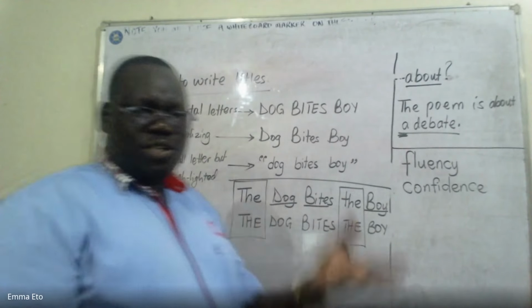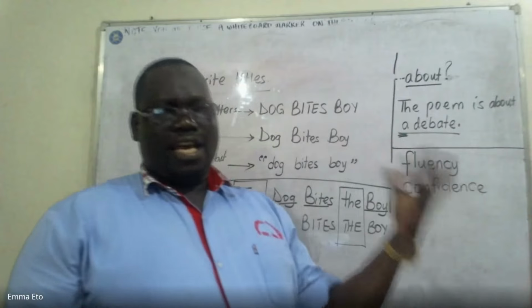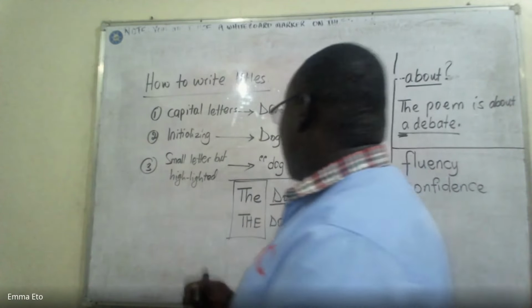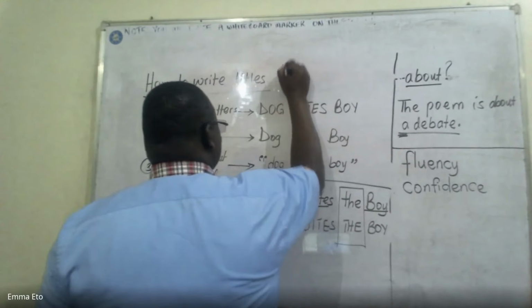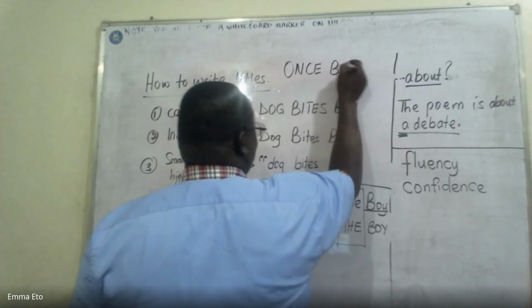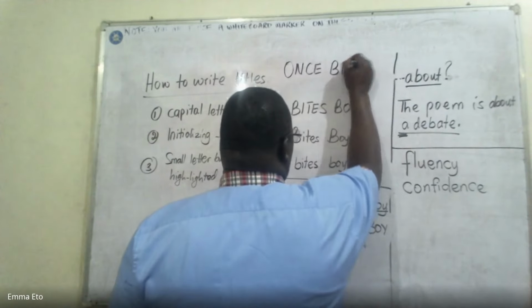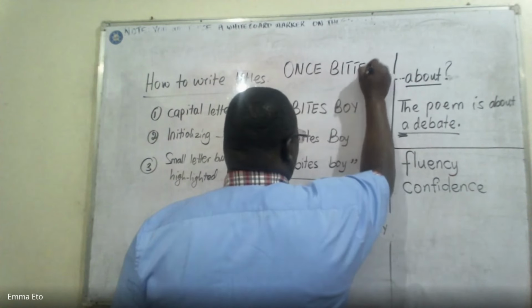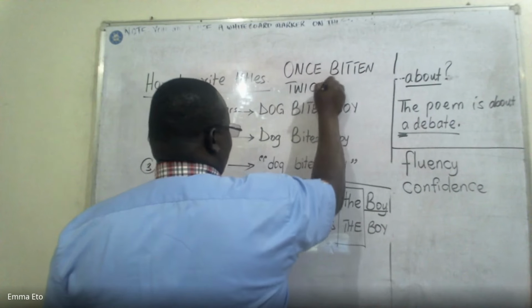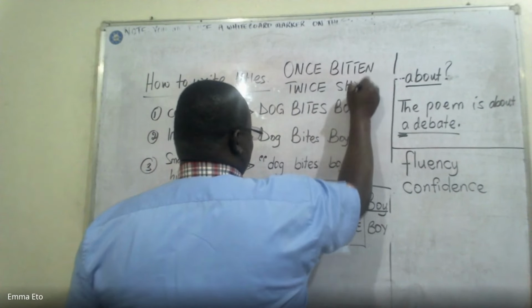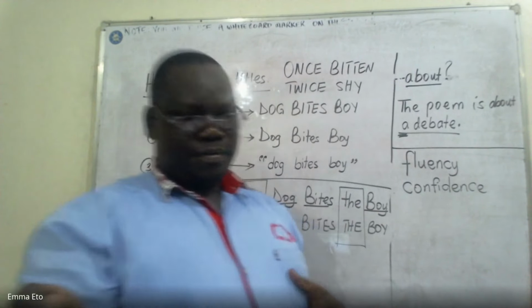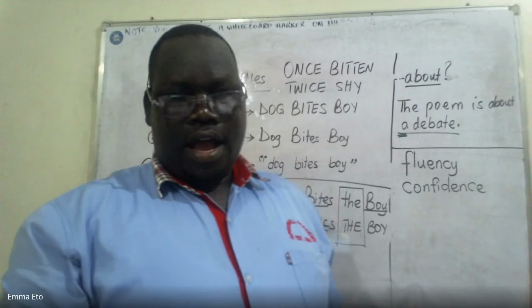So the title there, if I am to use a saying, I can say, okay, once bitten, twice shy. So the saying suits. Once bitten, twice what? Twice shy. Meaning that for the first time, I got hurt.